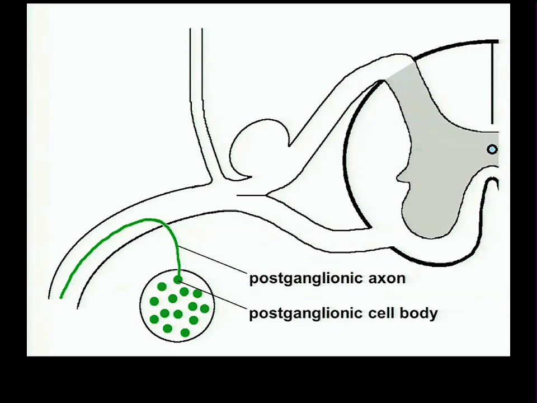The body itself, because it gives rise to a postganglionic axon, is called a postganglionic cell body. That is a misnomer, but is accepted by everyone. It should really be called a ganglionic cell body. It's a cell body in a ganglion. But because its axon is after the ganglion, it's called a postganglionic cell body. You can't avoid that the way names are given, so that's how it is.